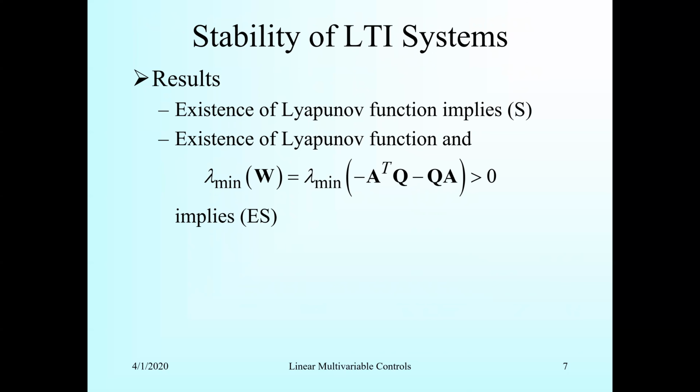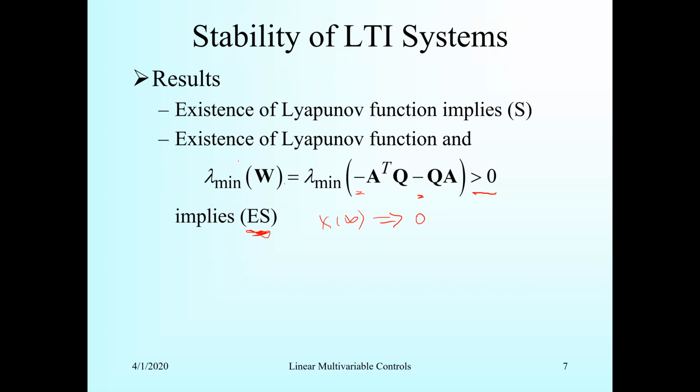That means if the minimum eigenvalue of W is not 0, then it is exponentially stable. Exponentially stable meaning your x will go to 0.